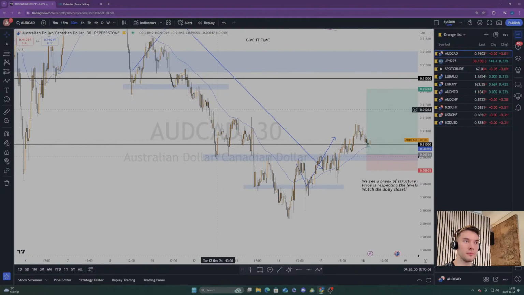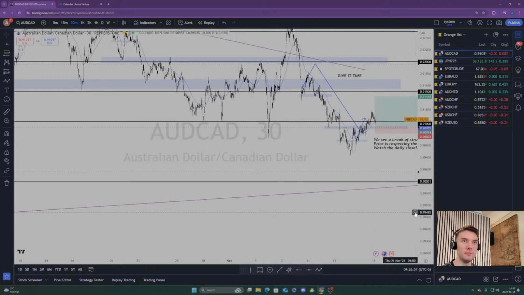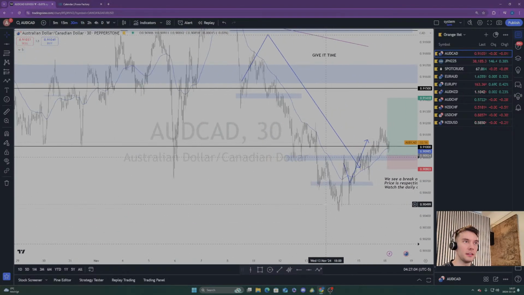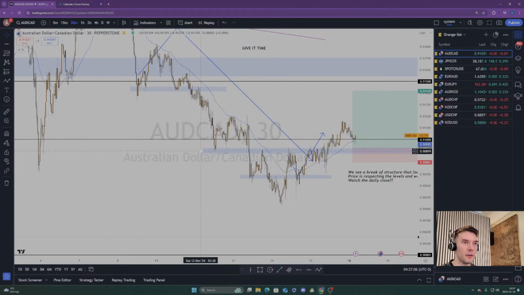Okay, so we came down relatively close to the big fig and channel support, right? As we are pushing down, we are marking these zones to find the areas of interest. We're seeing that price pushed up above this zone.